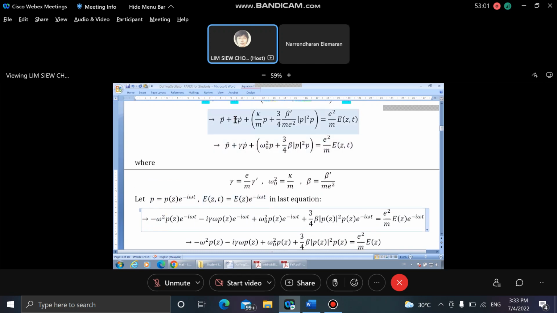This term, you have the minus I omega, because you take the first order time derivative of this. You get the minus omega squared because you take the double time derivative. If you take only one time derivative of this, you have only minus I omega.